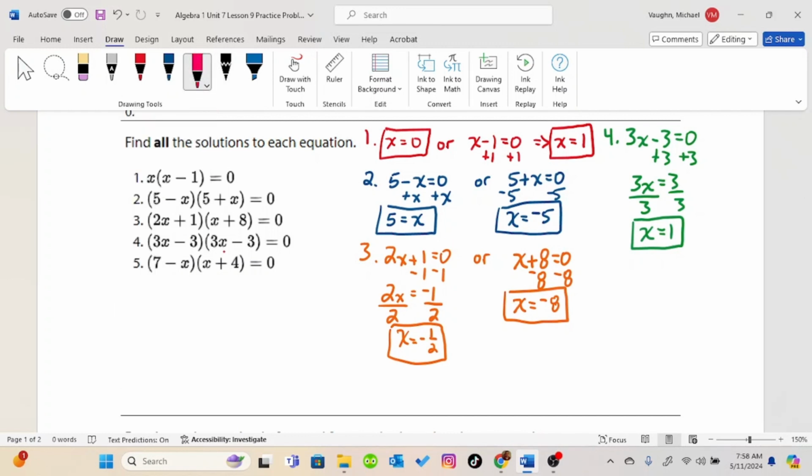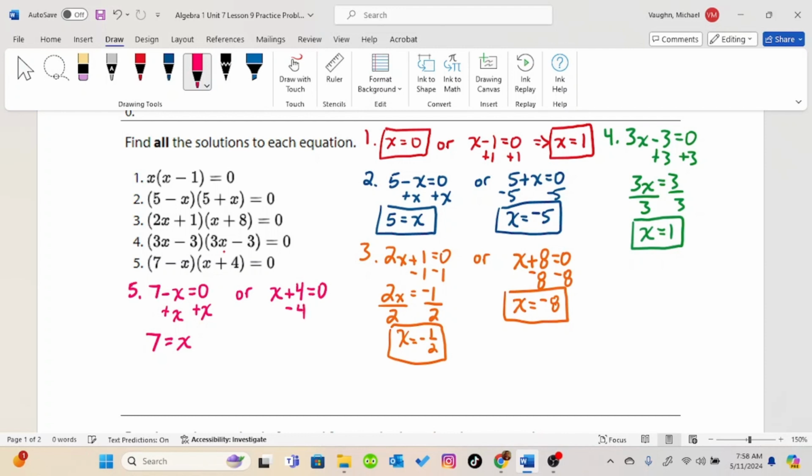And the last one, number 5, either 7 minus x equals 0. We add x to both sides, and we find out that 7 equals x, or x plus 4 equals 0.